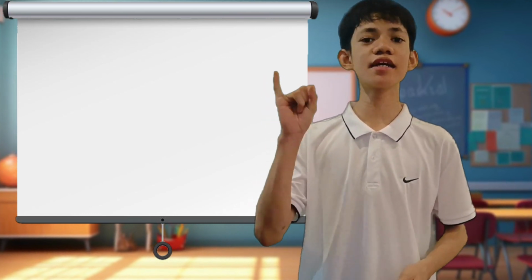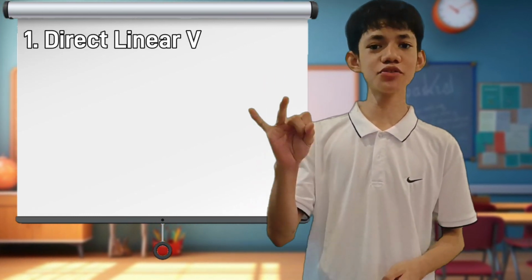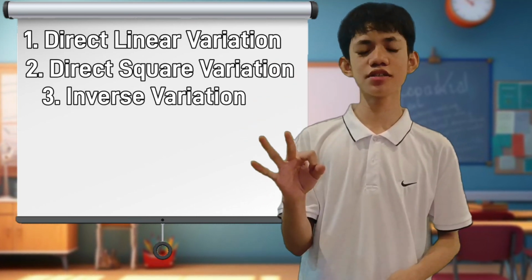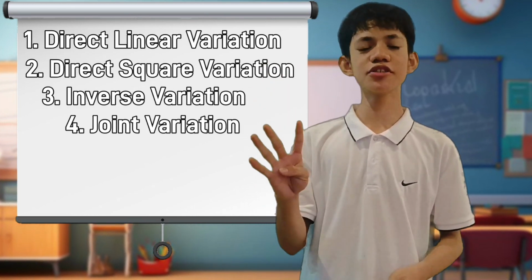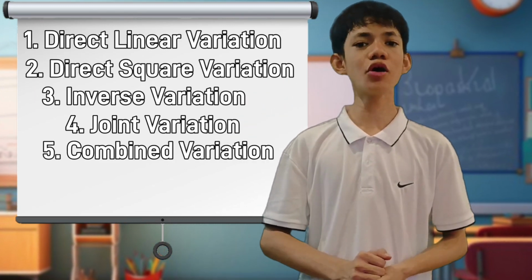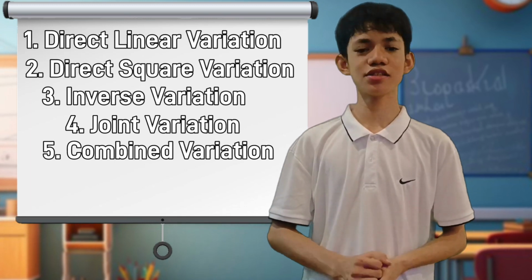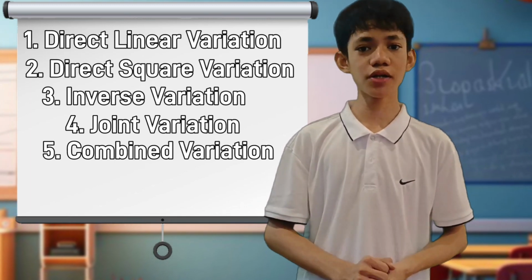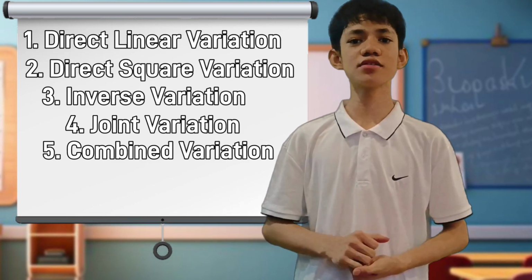Number 1 is direct linear variation. Number 2 is direct square variation. Number 3 is inverse variation. Number 4 is joint variation. Number 5, combined variation. But for today, we will only be focusing on joint and combined variation, which can be found on page 21 of our Math Time, second quarter.